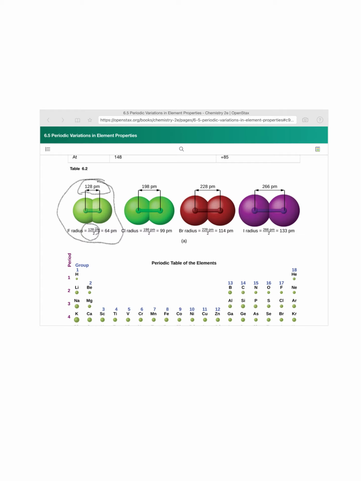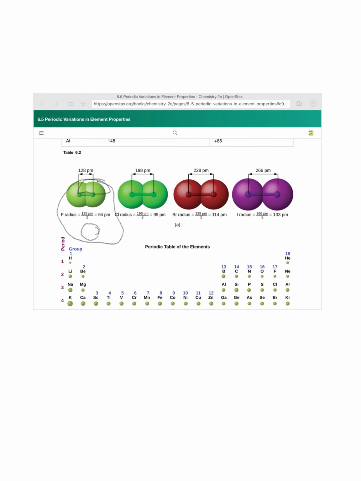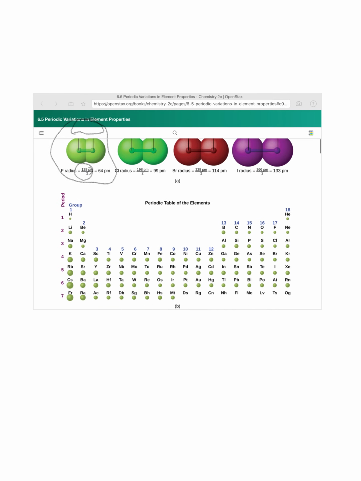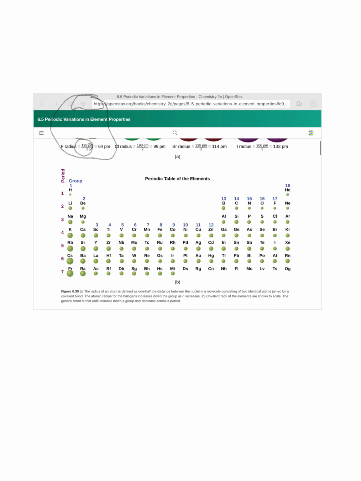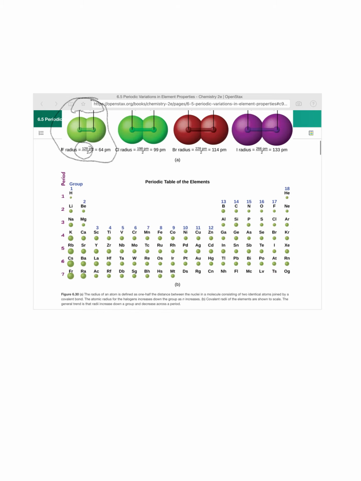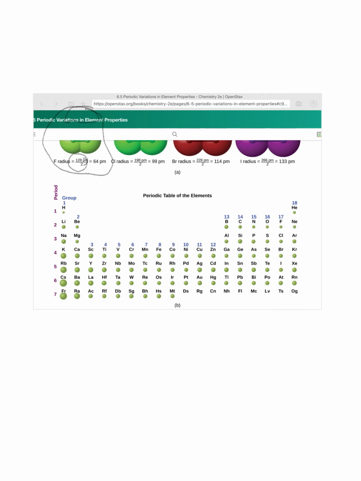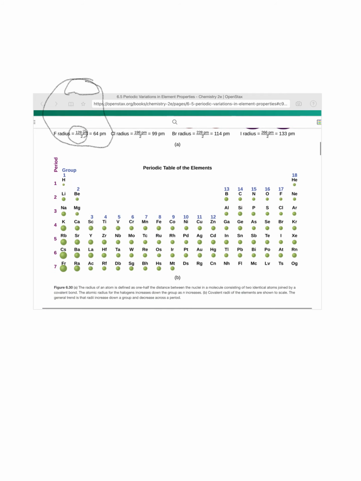And if you look on here, down here, this is a table showing you the atomic radius of the elements. You'll notice over here lithium and beryllium. Let me move this here and I'll draw it.